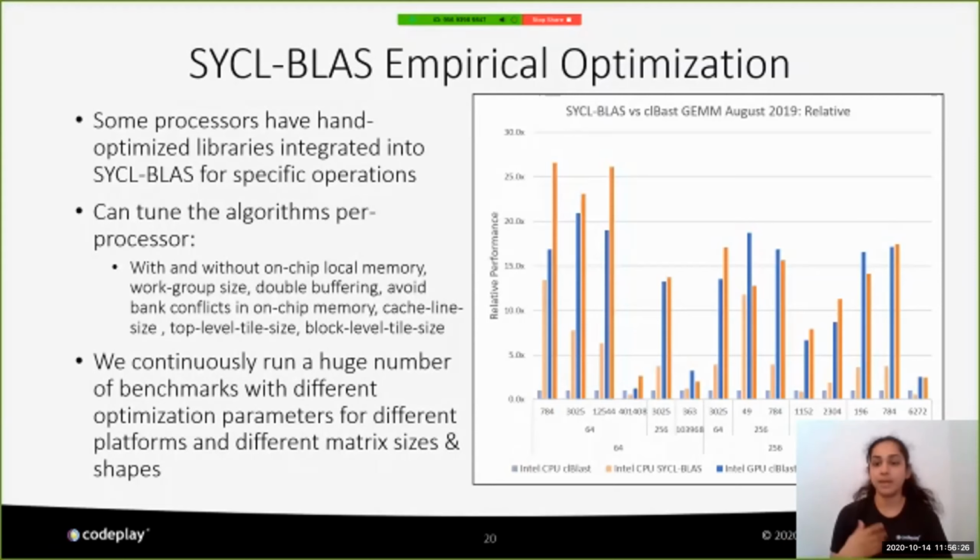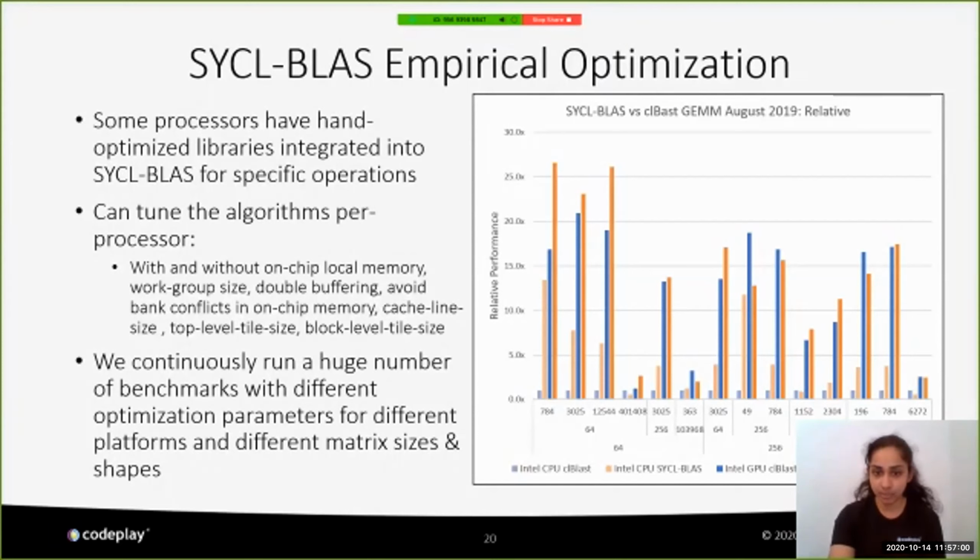So basically there are many parameters that can be tuned to get better performance from the processor. We also continuously run a huge number of benchmarks with different optimization parameters. So basically SYCL-BLAS is the system which is available, which utilizes whatever concepts we have spoken about up until now. The framework allows you to switch between different algorithms or different tile sizes based on what is supported best for the given processor that you are running on.